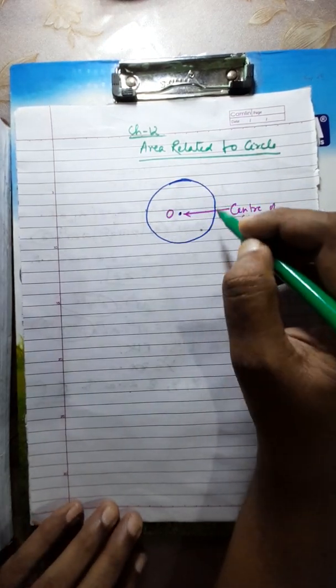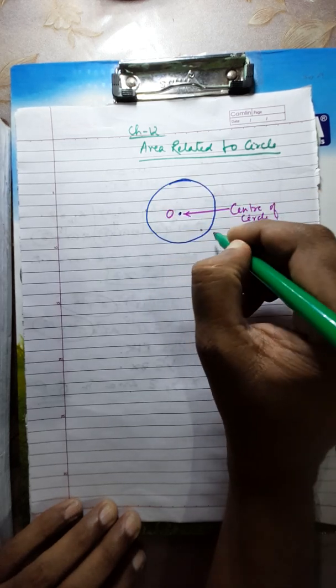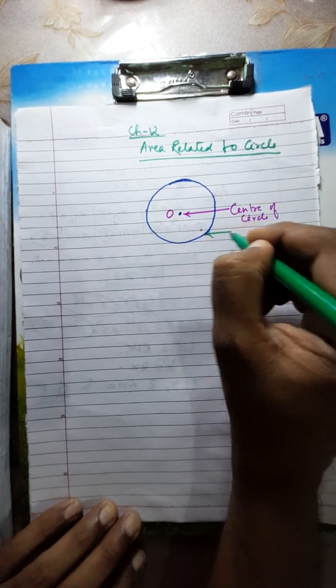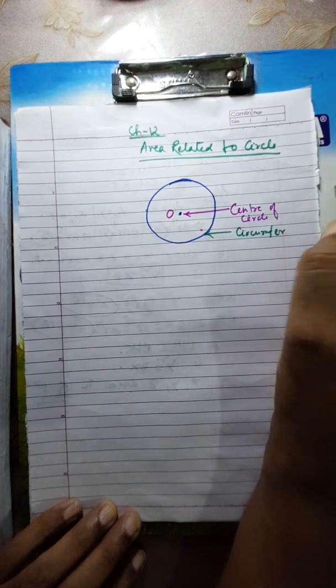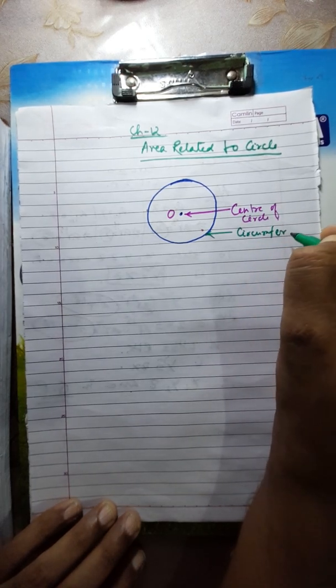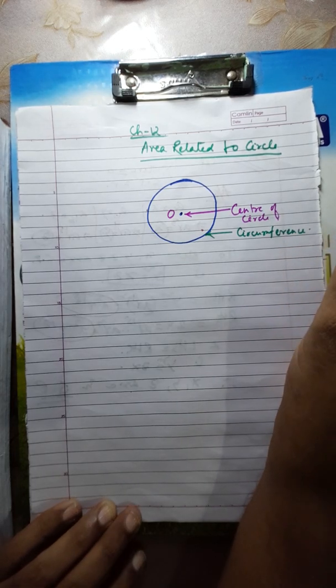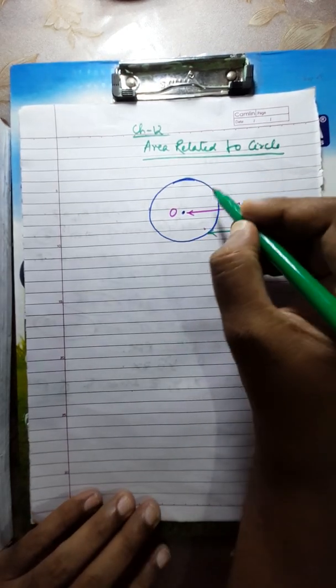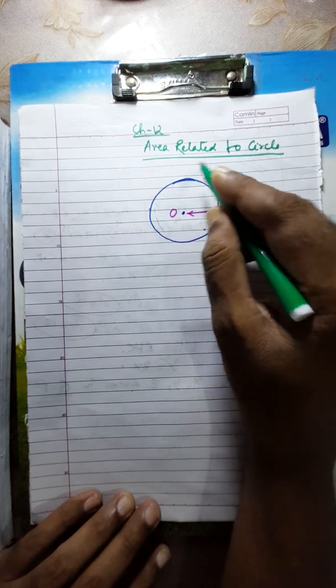And this simple closed curve is called the circumference. In that simple closed curve, three parts are there.